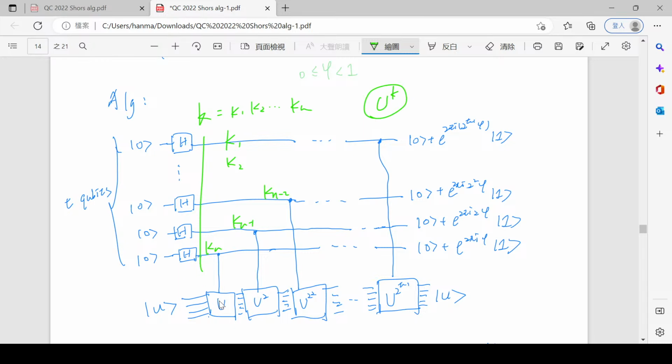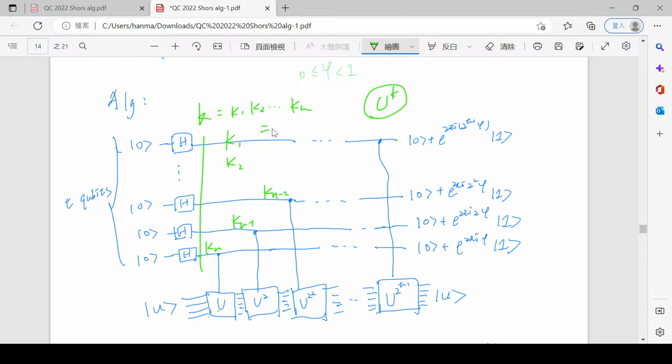So for the last digit you just apply U once if kn equals 1, and you don't apply U if kn equals 0. Okay. And similarly, this is kn minus 1, then you control on it and you apply U twice, and then for kn minus 2, you apply U to the 4. So this is just because all those k1 to kn are k written in binary.